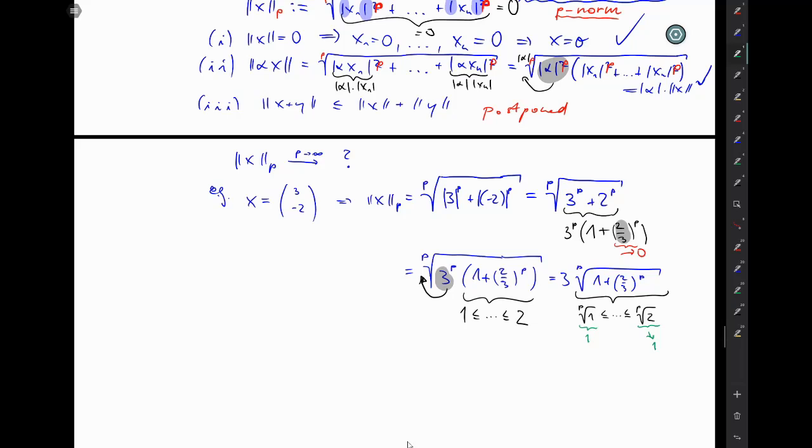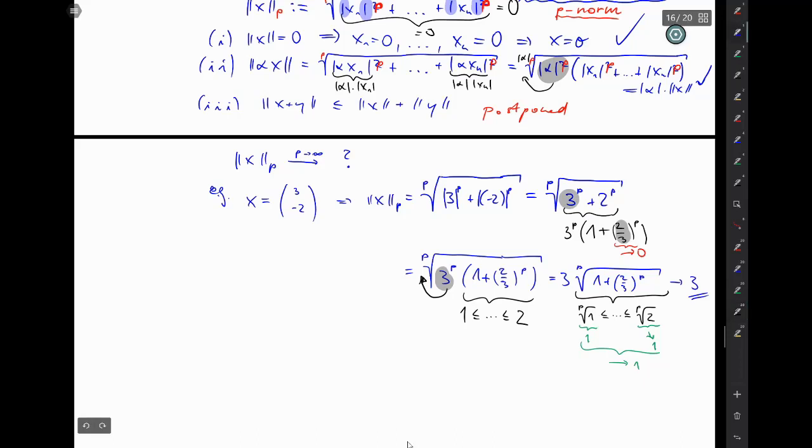So you can squeeze this expression between 1 and something that goes to 1. So the whole thing must go to 1. And there is this 3 in front, so this converges to 3. So indeed, our gut feeling was right. You just take the maximum here, and that will win the race.